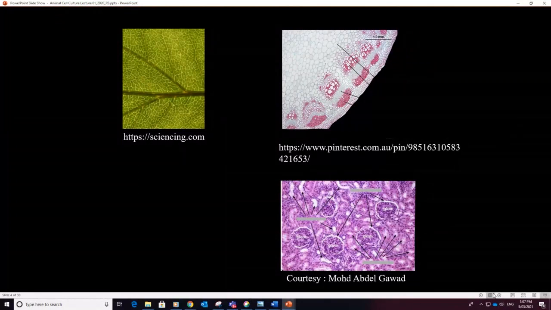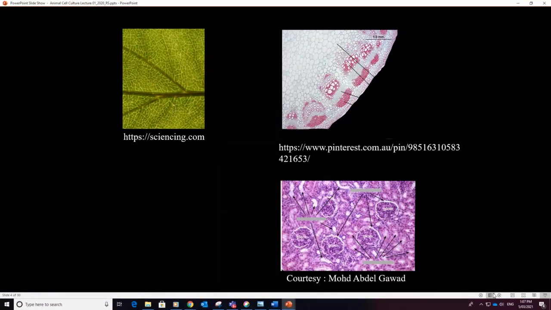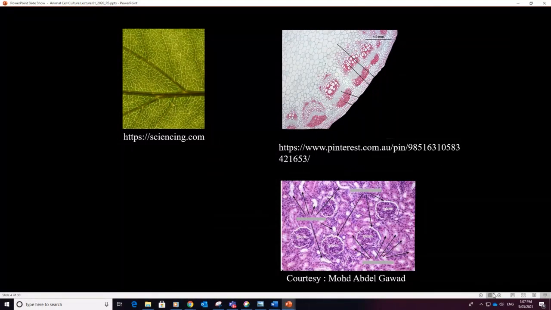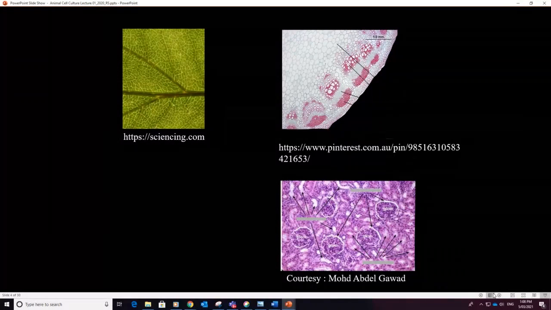Say something about this. Think about the cellular aspect of this. Okay, so make some observations. What do you see in the top green panel and the right hand side panel?